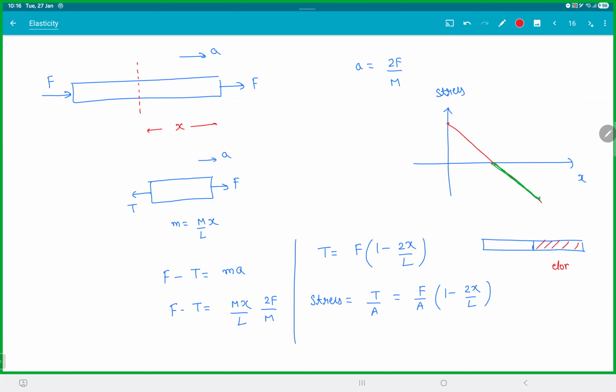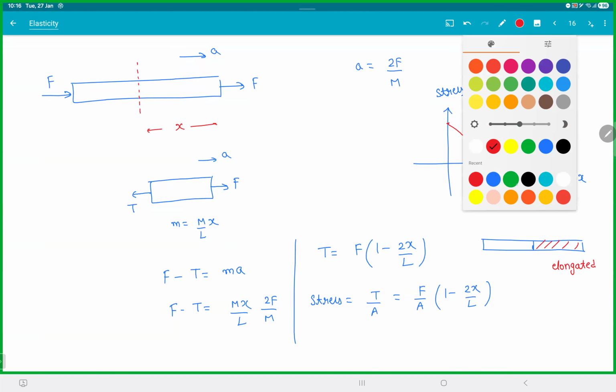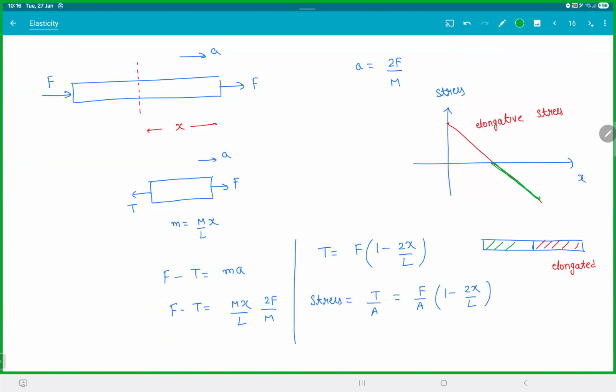The rod is being stretched. This is an elongative stress. That's the meaning of a negative sign. The stress has gone from elongation to compression. The left part of the rod is being compressed. This is a compressive stress.